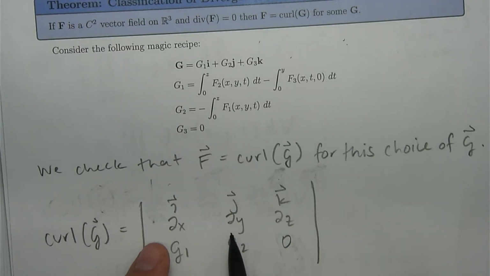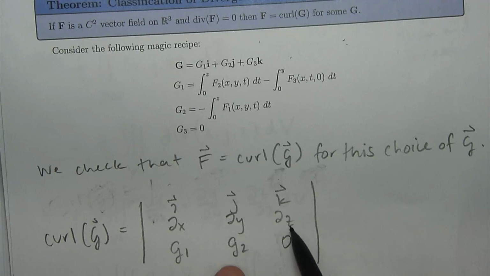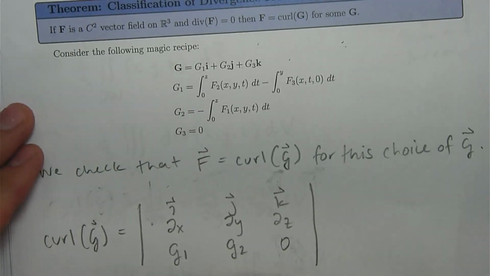So we're going to get what this will be minus partial z g2.